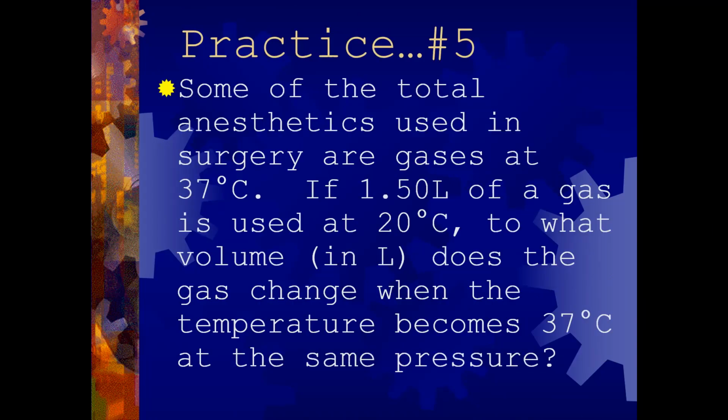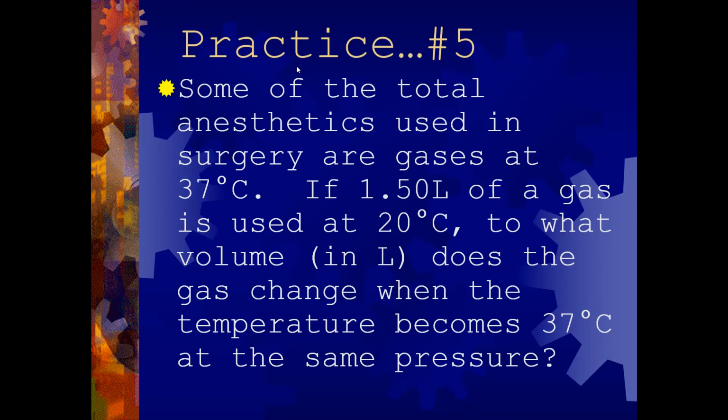Okay, notice that this one is giving us a temperature. One thing that I haven't told you, but you always have to change your temperature to Kelvin because you cannot divide by 0. And sometimes that temperature may be a 0. So you have to change it to Kelvin always.